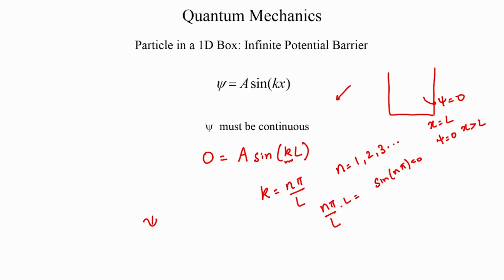Therefore, this wave function has now become more specific. We can define the wave function more clearly by applying the boundary condition at x equal to L and saying that the wave function is a sine of n pi by L into x. Now all that remains is to identify a.